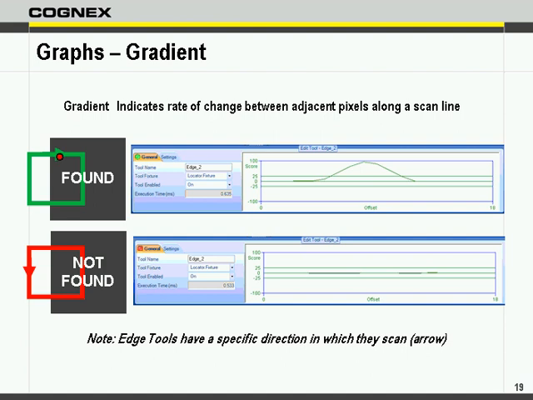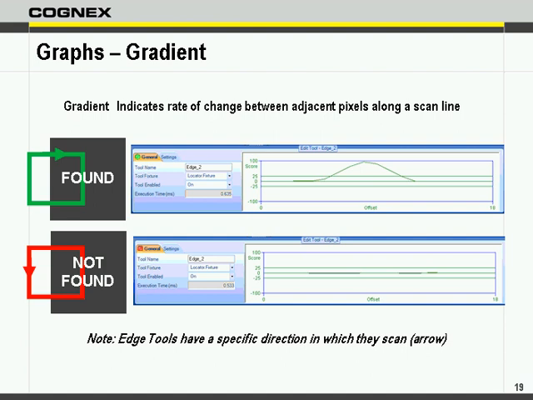Because when we're scanning across this way, we go from a 255 value pixel to probably a 0 or 40 value pixel, which means I have lighter and darker pixels, and by thresholding it, I can determine that there's a transition between light and dark pixels, determining there is an edge. So that is the difference between the histogram graph and the gradient graph.